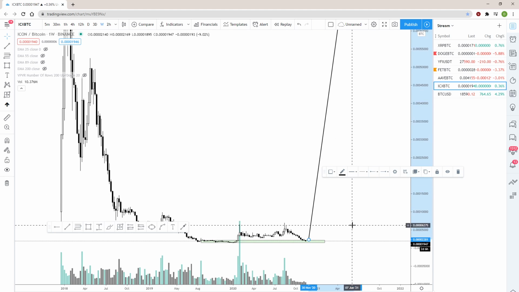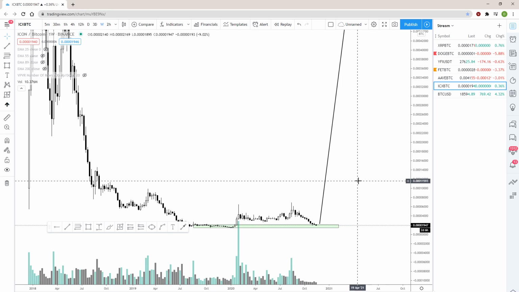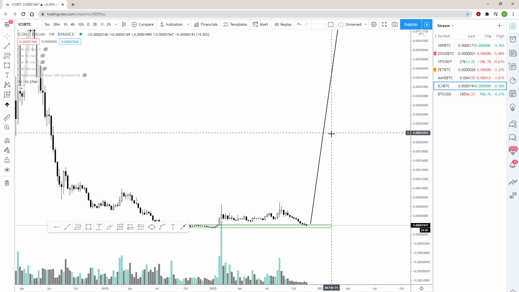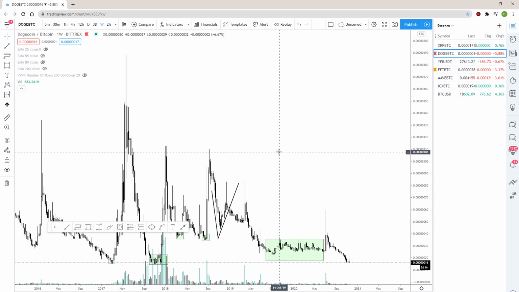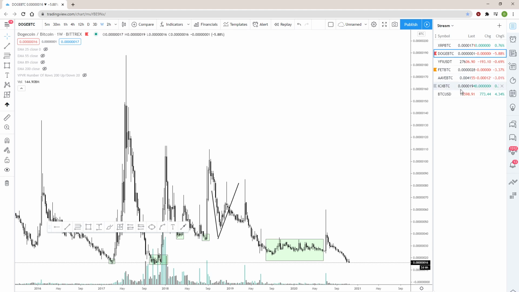It could, obviously. Who knows what can happen. But generally for these altcoins, especially the alt-BTC pairs, they will not hit all-time highs again. They'll just hit lower highs, kind of like how we saw with XRP and Dogecoin too.